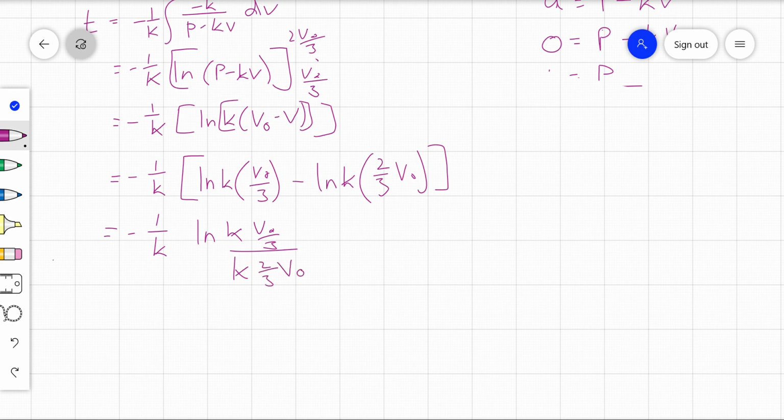And you can see there, even though my working is too bad to see, the k's cancel, the v0's cancel, the divided by 3's cancel. So all you're left with is log a half there. So you've got 1 on k log of a half. We could put that negative in also, so a half to the power of negative 1 would be 2. So we can make it 1 on k log 2, and that looks even better.